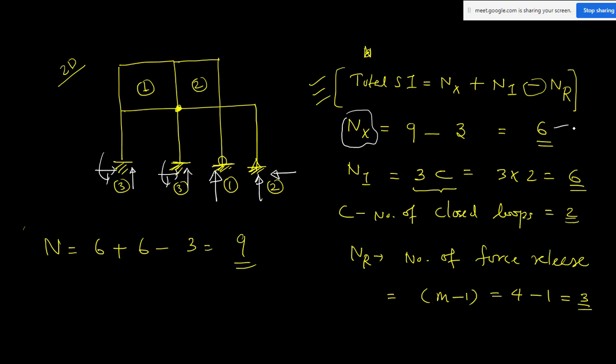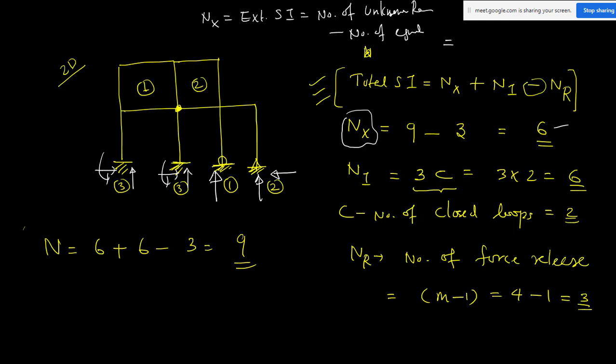Sir, this three fixed supports, 3 reactions... sir, actually I am unable to understand this 6 in the frame. So what is this nx? That is external static indeterminacy. Nx is external static indeterminacy. It is equal to the number of unknown reactions at the support minus the number of equilibrium equations.